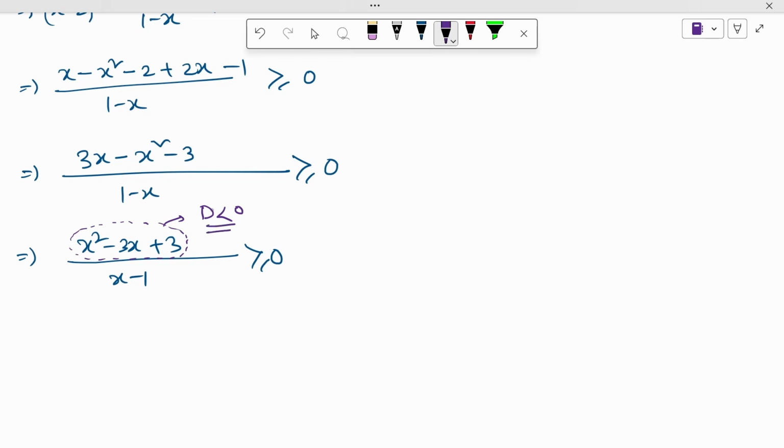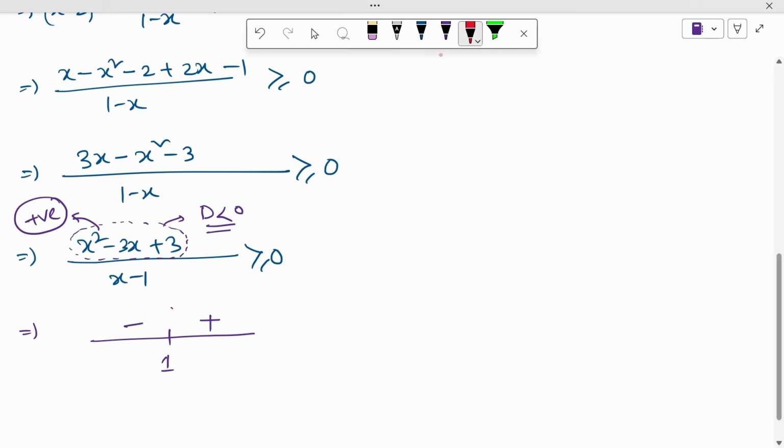So the discriminant is less than 0. That means this is always positive, so we can ignore this term. So with simplicity, there will be only one critical point, that is 1. So positive, negative. So the answer of this part will be 1 to infinity.